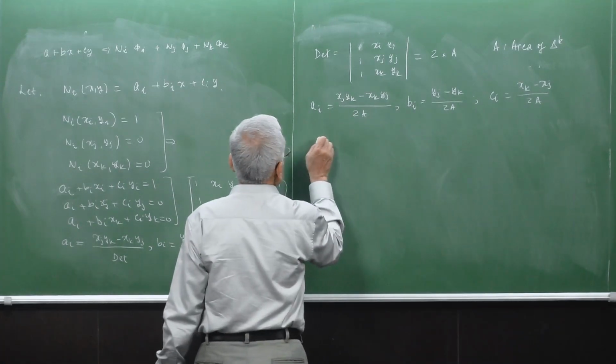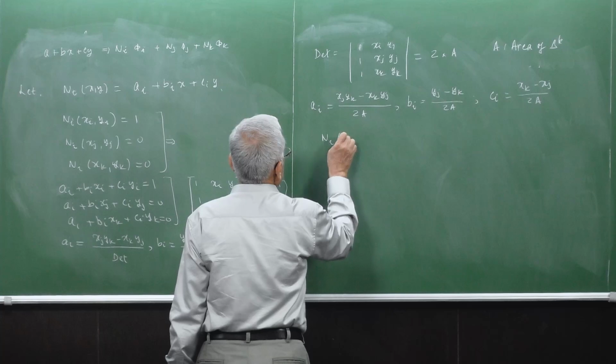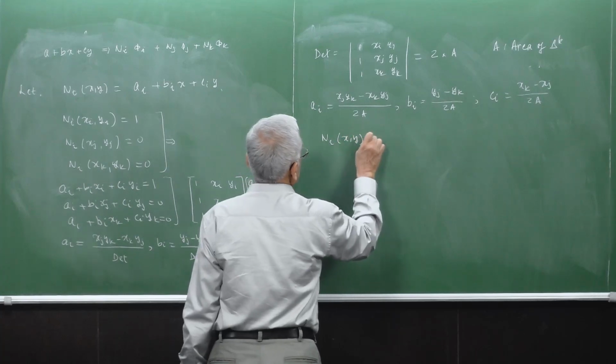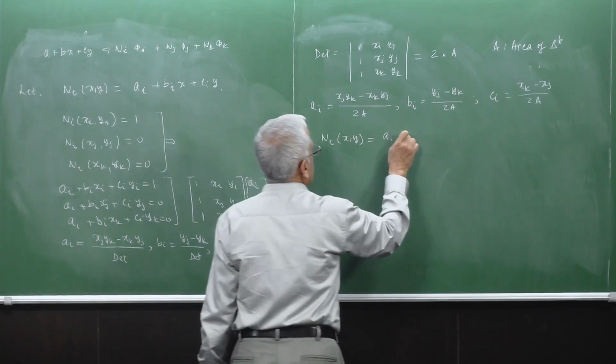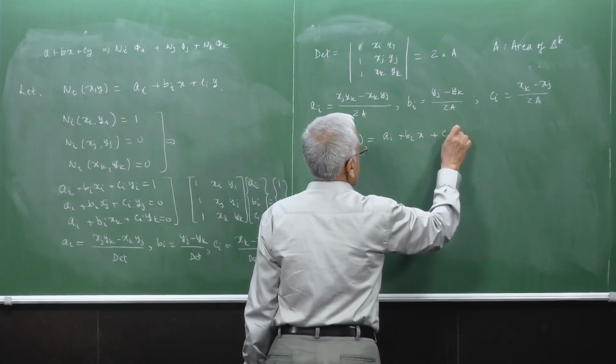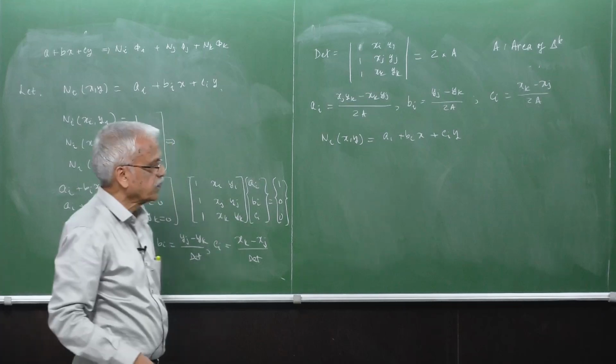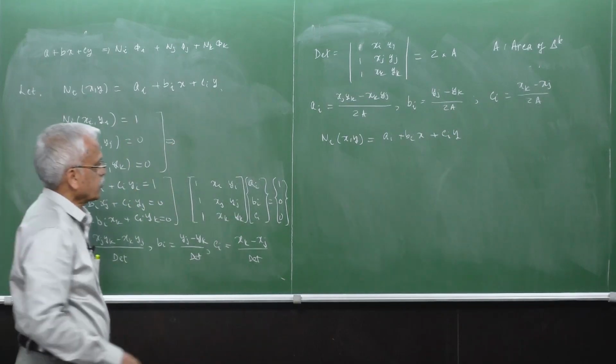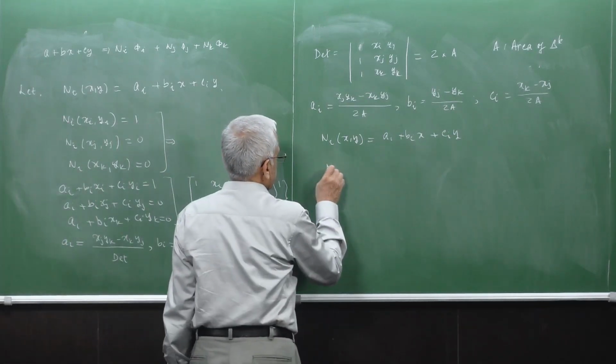That means this shape function ni of x, y is given by this one.